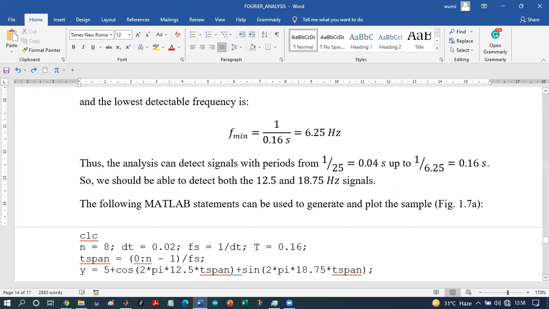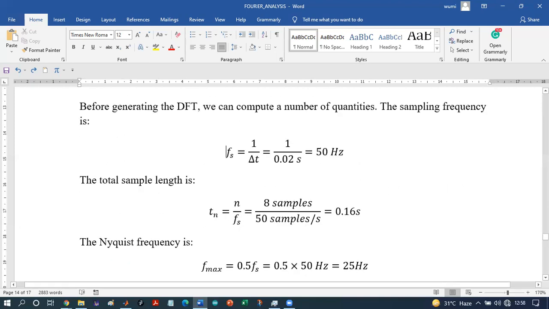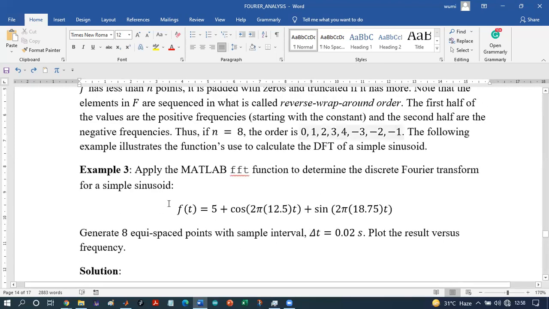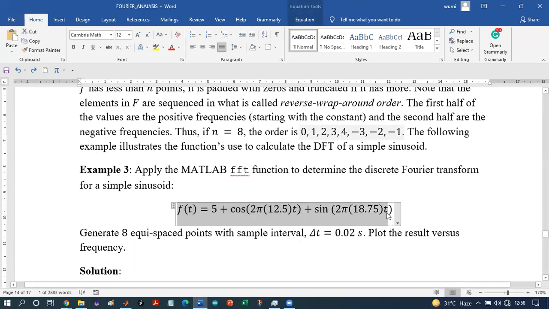So how do you calculate the f of j? It is going to be from the question. This is the signal f of t. Let me write f of t, given by this particular signal.